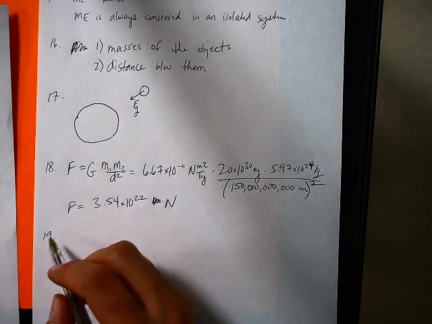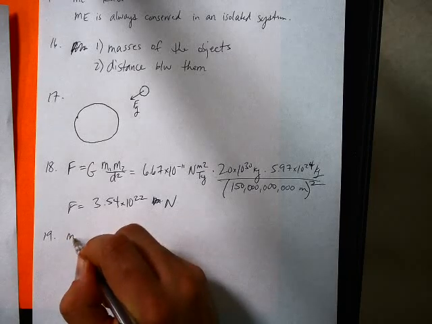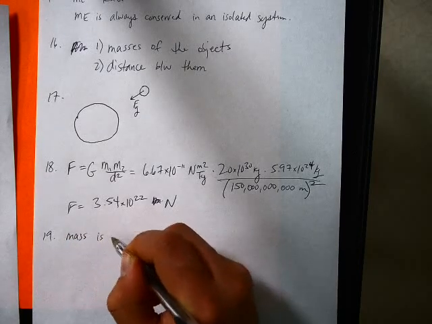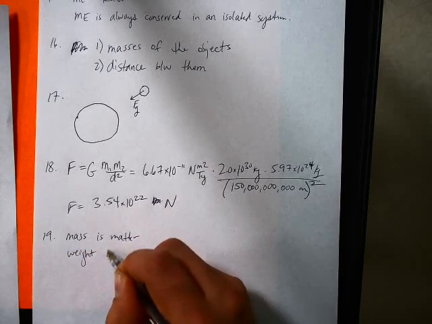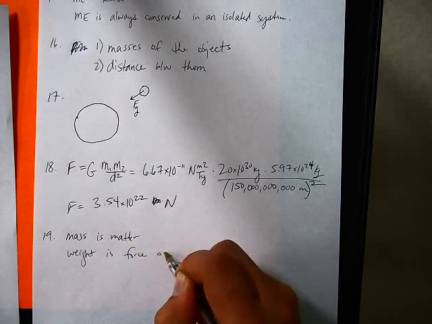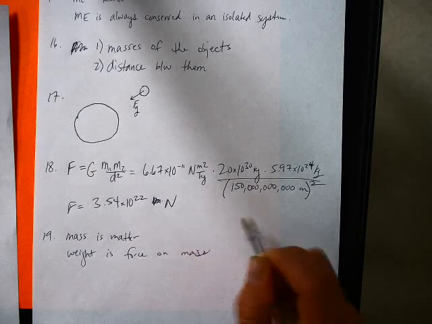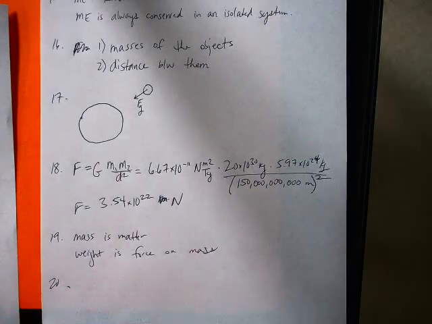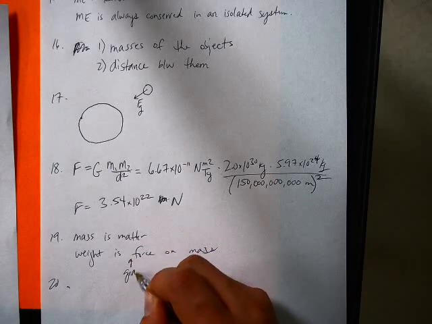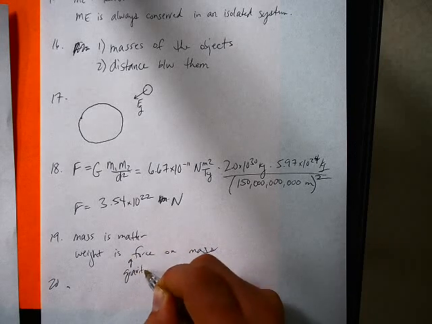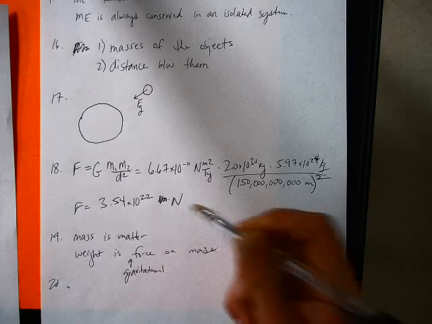So mass is mass, mass is matter, and weight is the force on that. Yes, the gravitational force. Actually, to be precise, this is the gravitational force, not just any force.